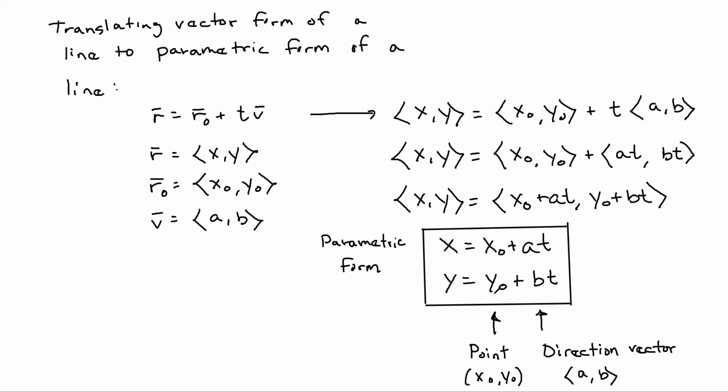It's that simple. It's just like y equals mx plus b. Just plug the point and the direction vector in, and you get the equation for the line.